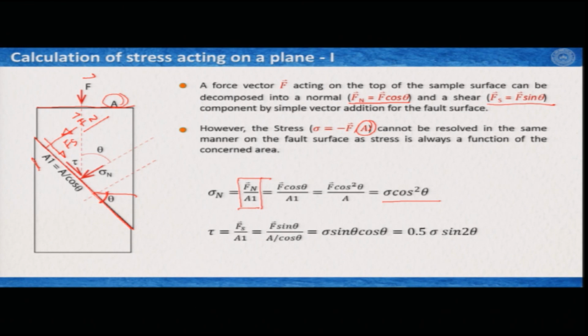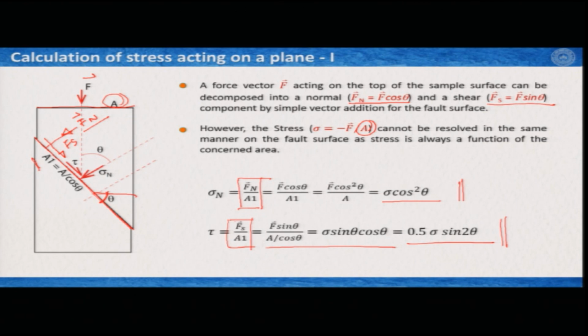Similarly, for shear stress, it would be the shear force component, that is Fs, divided by the area A1, and again if you do some algebraic manipulations, you would arrive at half of sigma sine 2 theta. So this is how we calculate the stress acting on a fracture plane after a deformation experiment, and you can apply this in many other fields depending on your problem.